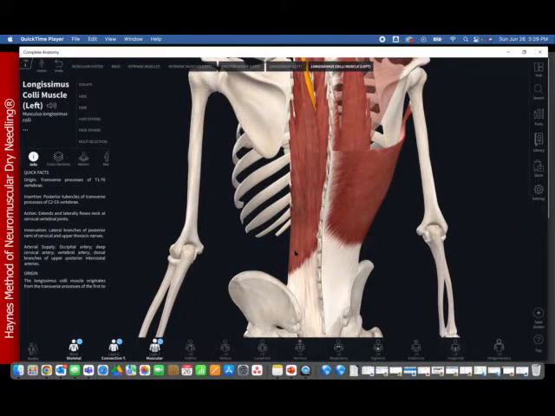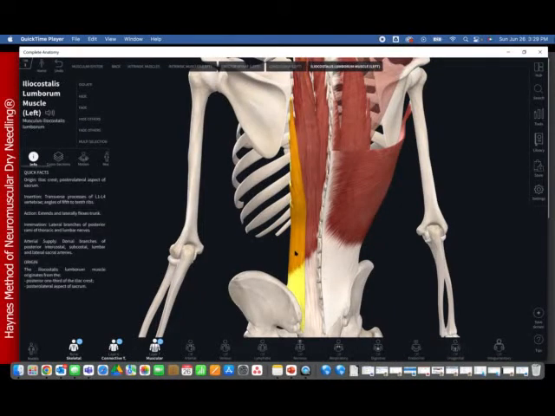Let's look lastly at iliocostalis. We do have iliocostalis lumborum. Again, its origin is the iliac crest and the posterolateral aspect of the sacrum. It inserts into the transverse processes of L1 through L4, and then the angles of the 5th to the 10th ribs.